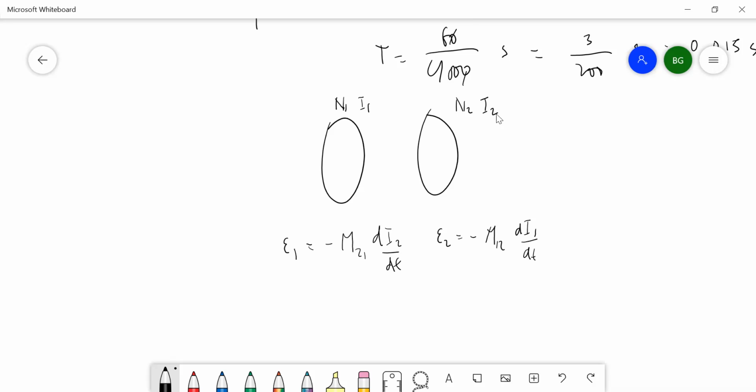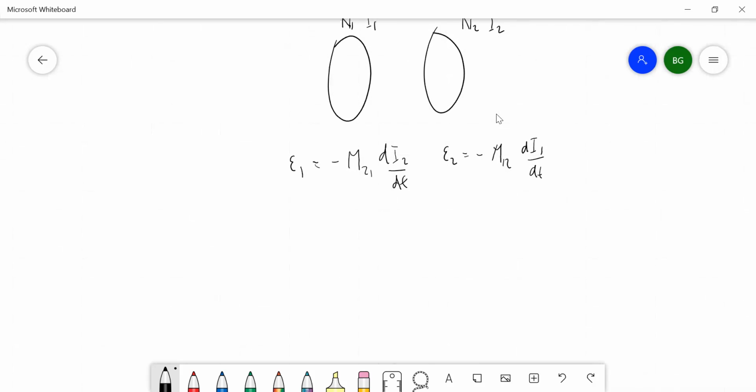So if the interaction is not ideal, it means that M12 is not the same as M21. So usually this M12 is, let's say, eta times M21. This eta is called efficiency.